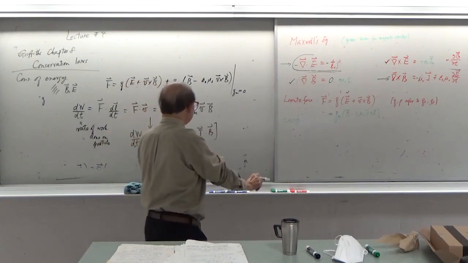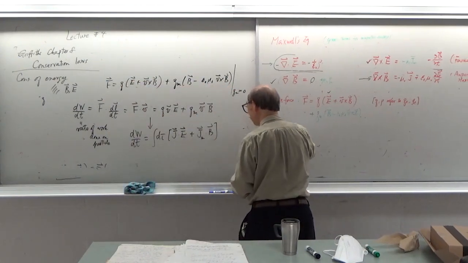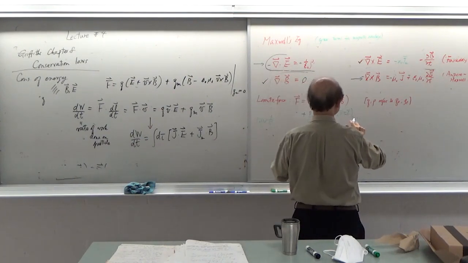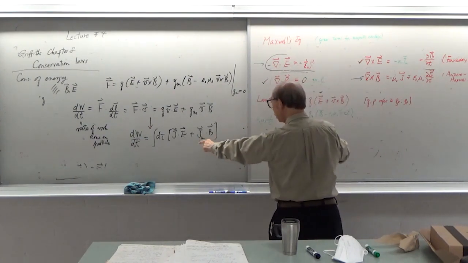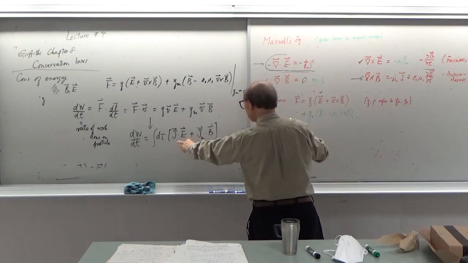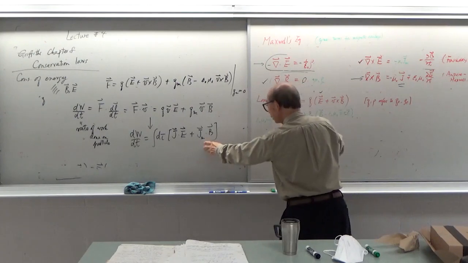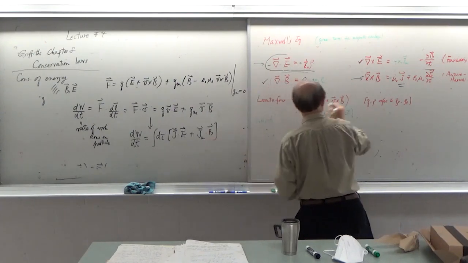All right? Now, let me take a look at Maxwell's equations. The term involving J is here. The term involving J sub M is here.